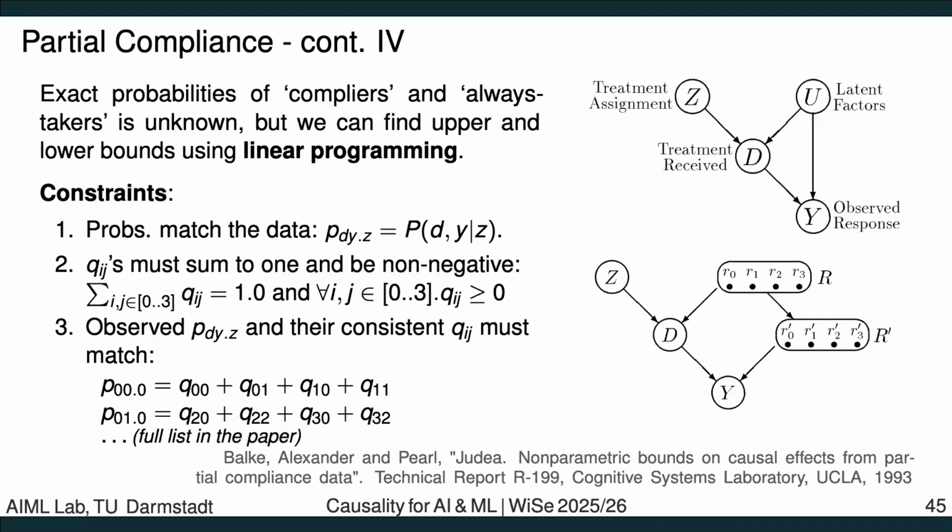Basically, this is the setup that we then give to our solver, and ground it in the observational data and infer the probabilities of these latent classes, or the bounds of the probabilities for these latent classes.